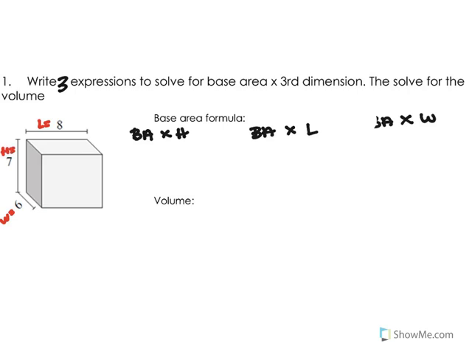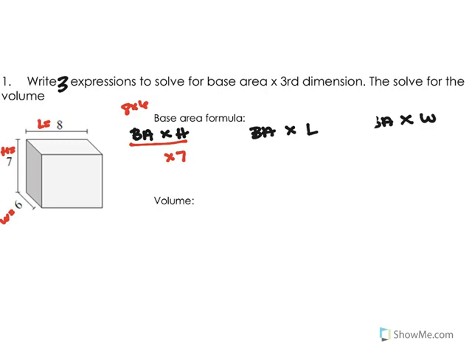That helps me a little bit get started. All right, let's first look at this first expression, base area times height. If I'm multiplying by height, my height is 7, then that means I already multiplied the length and the width. My length is 8, my width is 6.